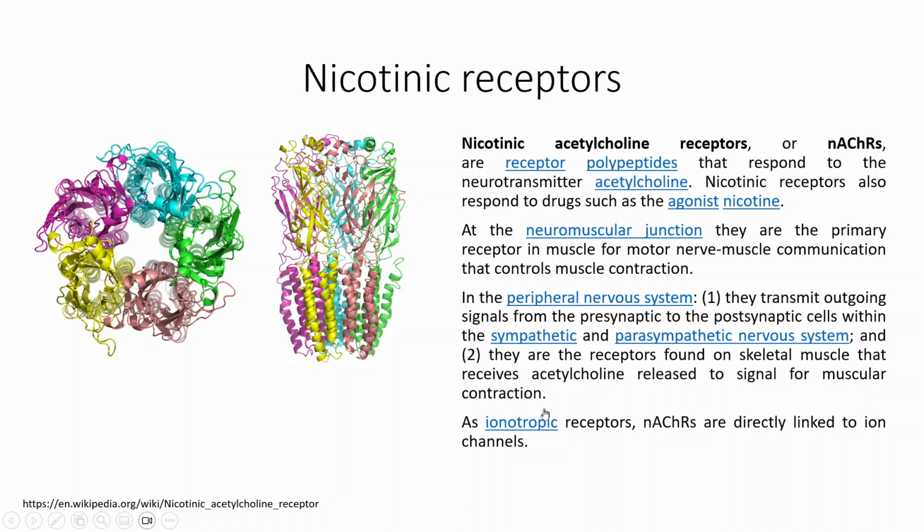And so we see it in the heart, in the pathway to the heart from the medulla oblongata. And the type of receptor that it is, it's ionotropic, meaning that it is directly linked to ionic channels that allow the passage of ions upon acetylcholine binding and some conformational changes, right?